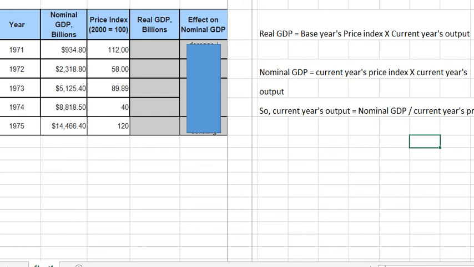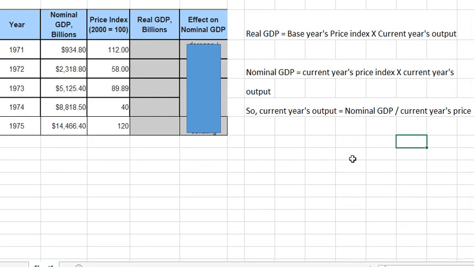So, as you can see, therefore, take the case of 1971. The output would be equal to what?